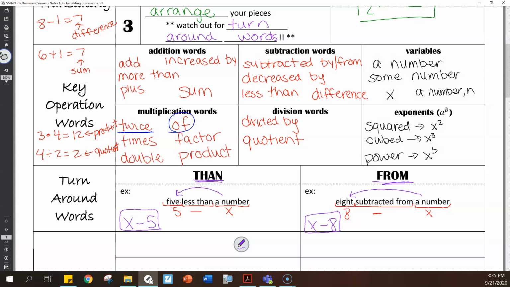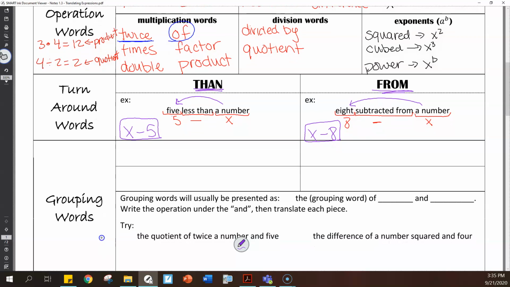from. Okay? We're going to look at a couple more examples of these, but I want to talk about grouping words.